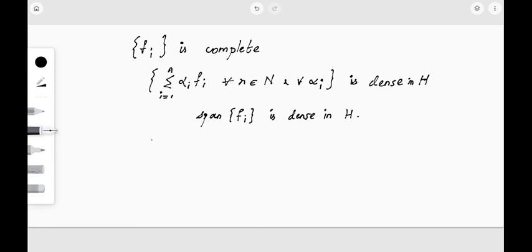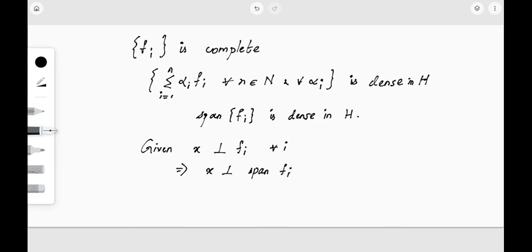Also it is given that x is orthogonal to Fi for every i. Now if x is orthogonal to Fi for every i, what can we say? We can say that x is orthogonal to span of Fi. It will be orthogonal to every linear combination also.